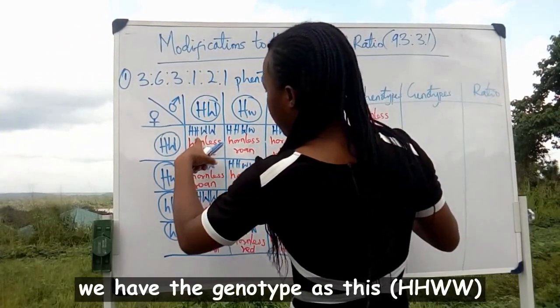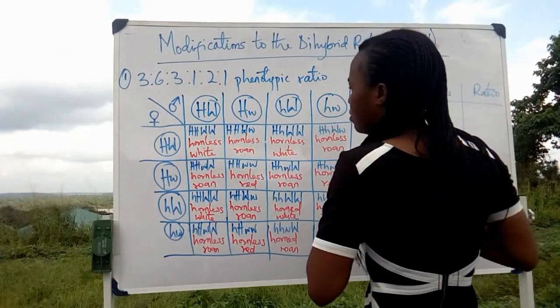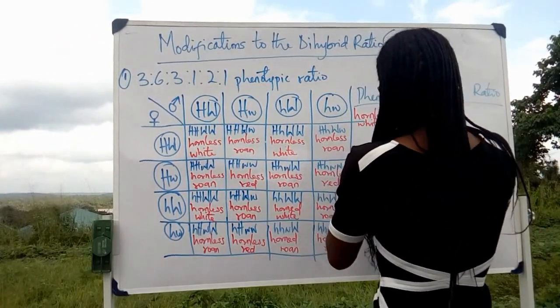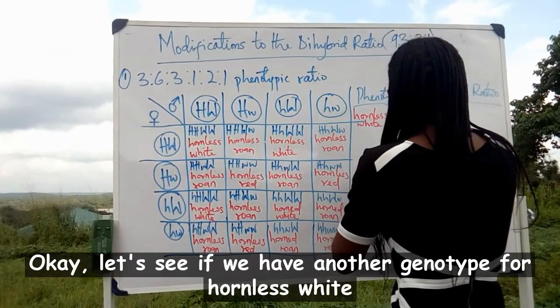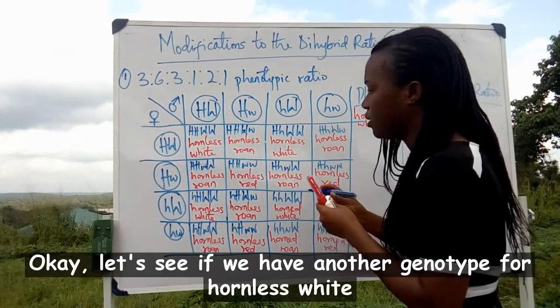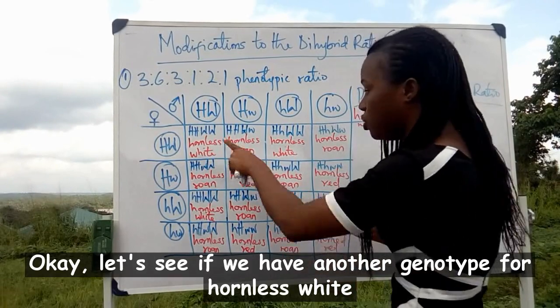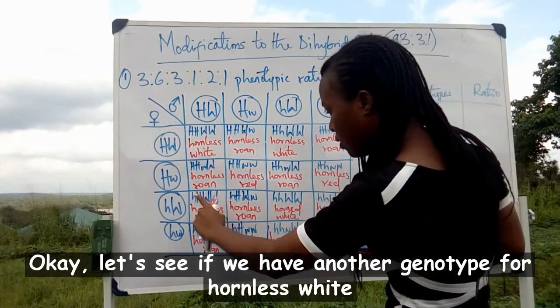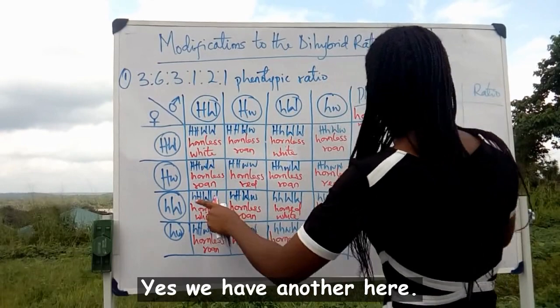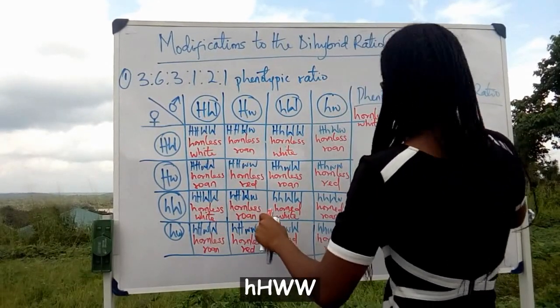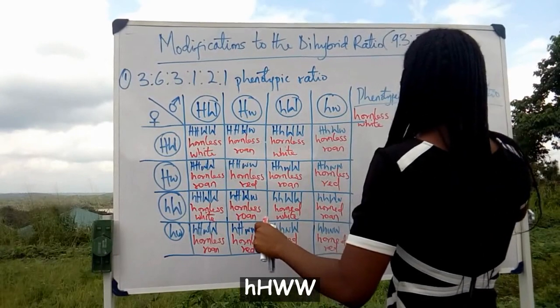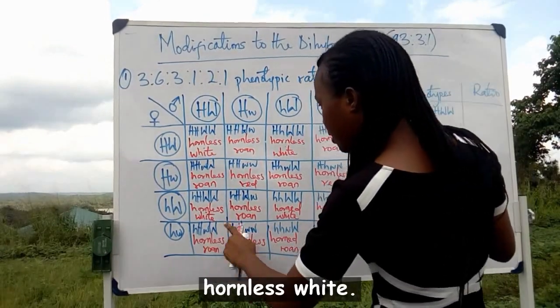We have the genotype as this. Let's see if we have another genotype for hornless white. Yes, we have another here. Small h, big H, big W, big W. Hornless white.